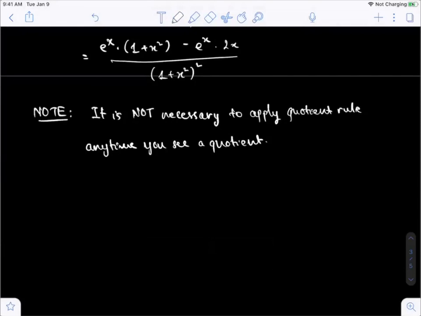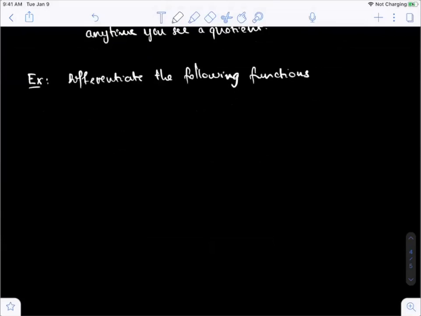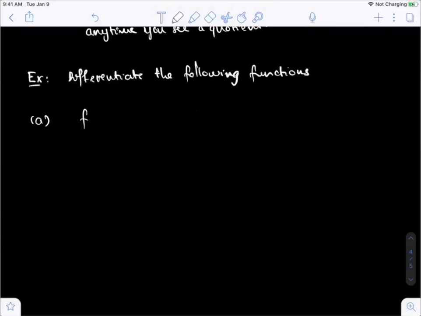So what do I mean by that? Example: differentiate the following functions. I have f of x equal to 1 minus x cubed over x squared. I claim that it's not necessary for you to use the quotient rule anytime you see a quotient.